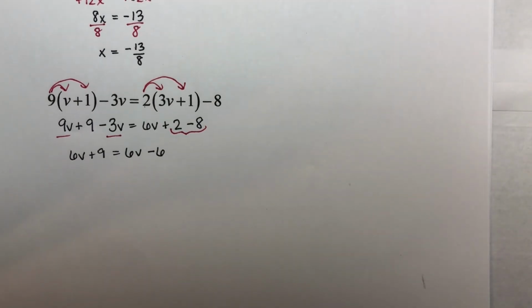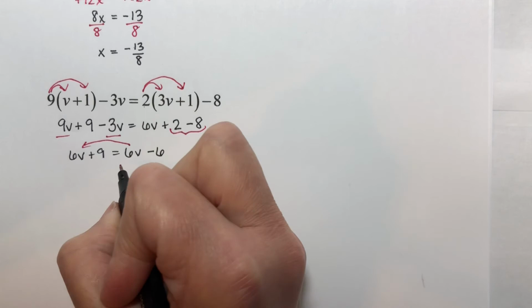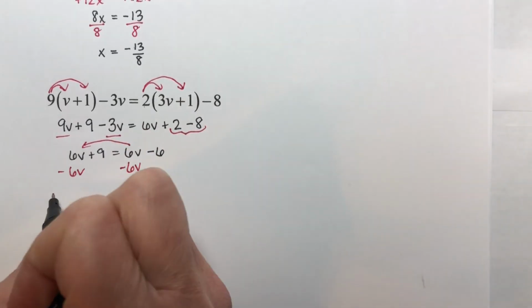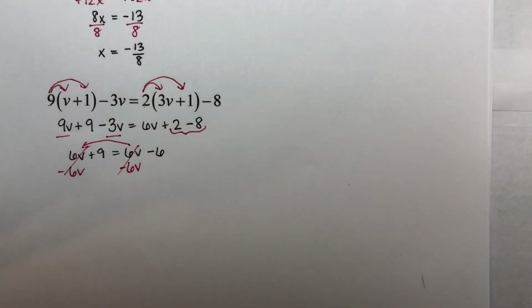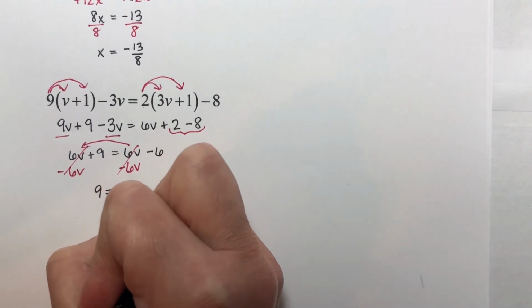Again, you might notice something weird's happening, but you might not. It's okay. We want to get our variables together on the same side. It doesn't really matter which one we do, so let's move this one over to here. Well, then I subtract 6v from both sides. And what happens again? Our variables cancel out. And I've got 9 equals negative 6.